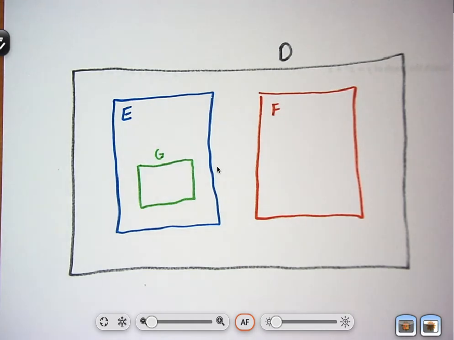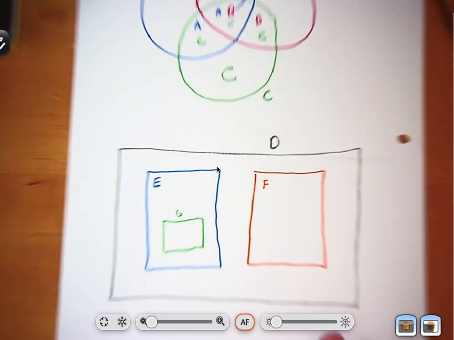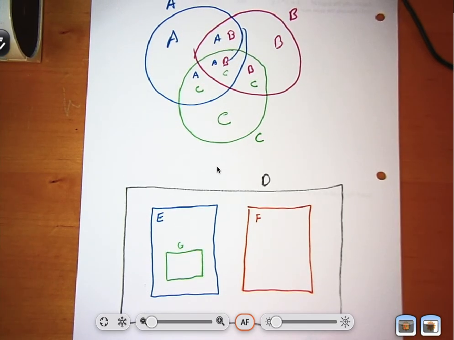These last two that we just did are getting quite a bit more complicated.